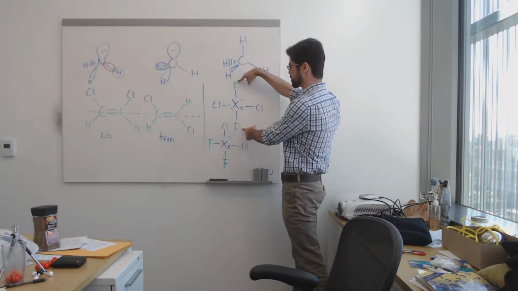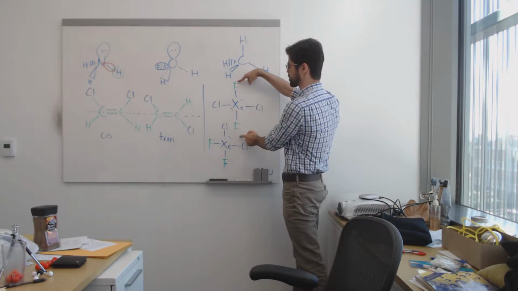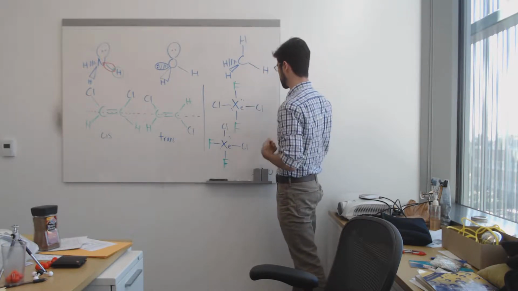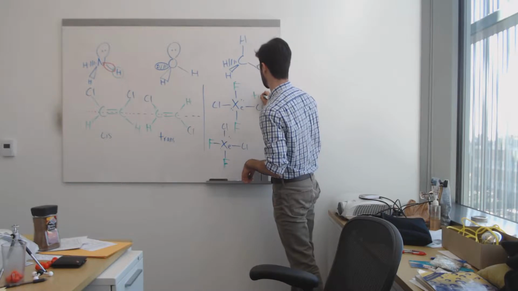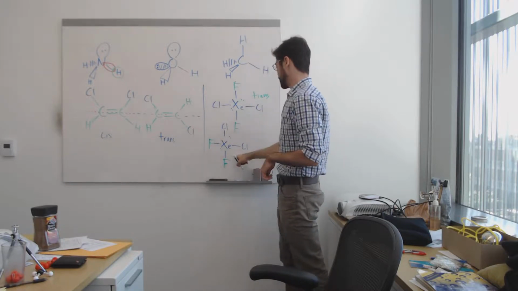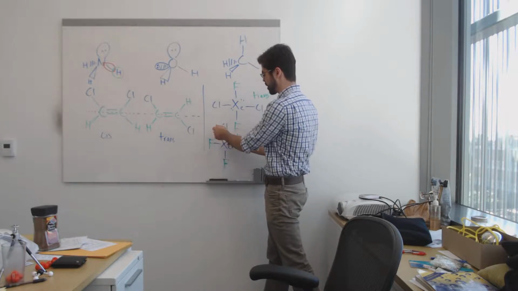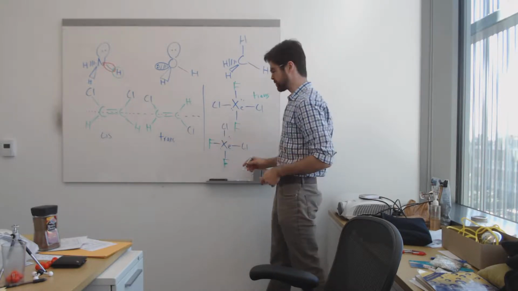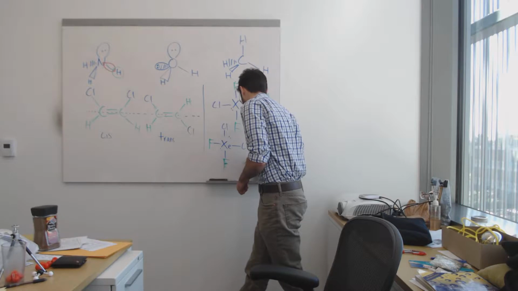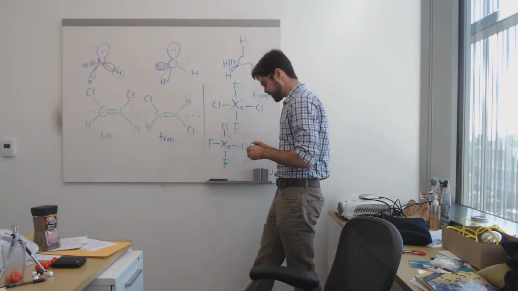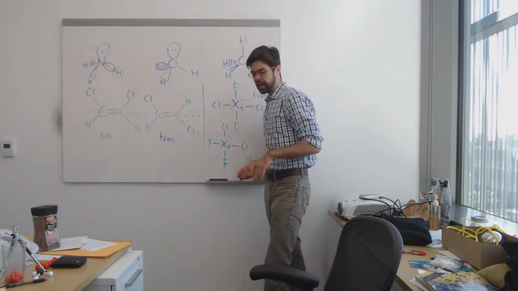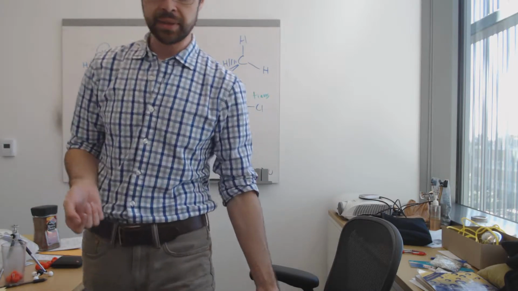In this case, the fluorines are across from each other, on opposite sides, so this would be considered a trans isomer. And in here, the fluorines are on the same side of the molecule, so to speak. They are relatively close to each other, so this is sometimes called a cis isomer.